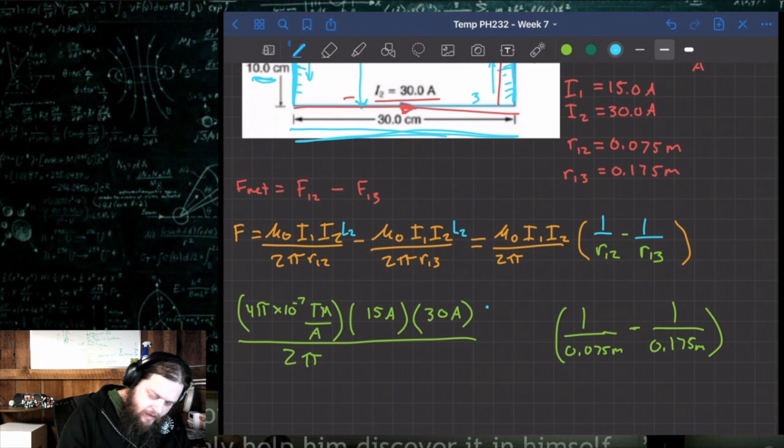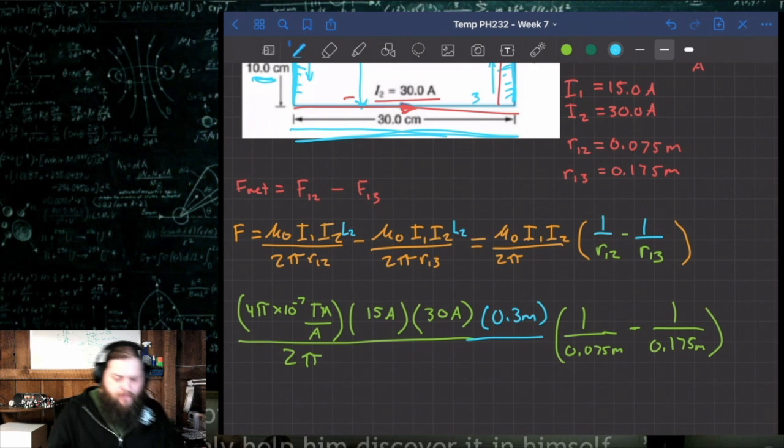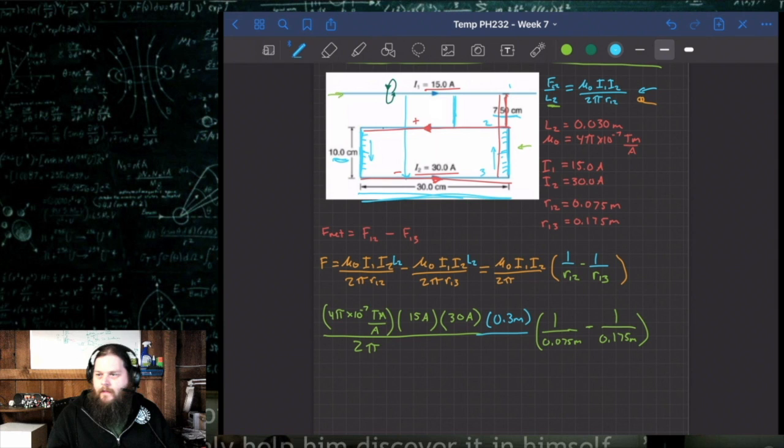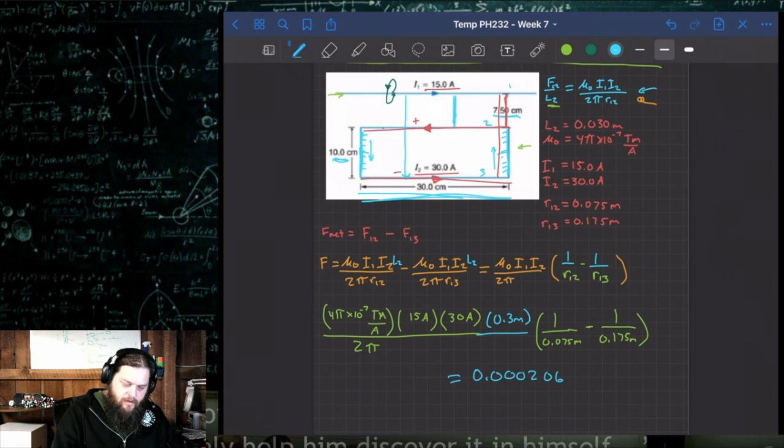Okay, adding in 0.3 meters, which is my length. This is equal to 0.000206 newtons, or 2.06 times 10 to the negative 4 newtons. So that's the net force on this wire.